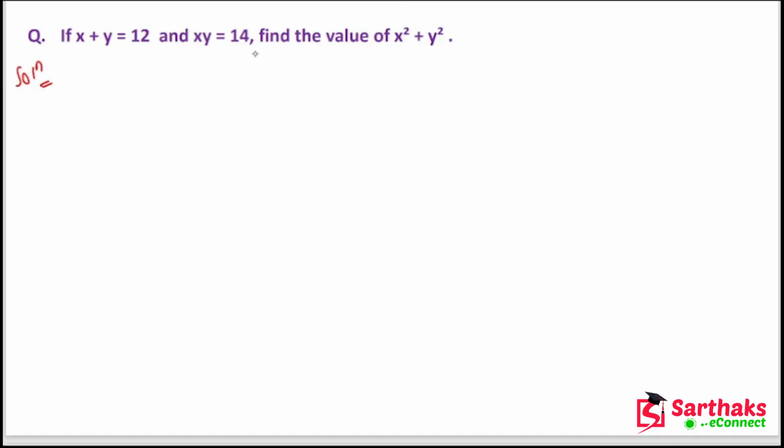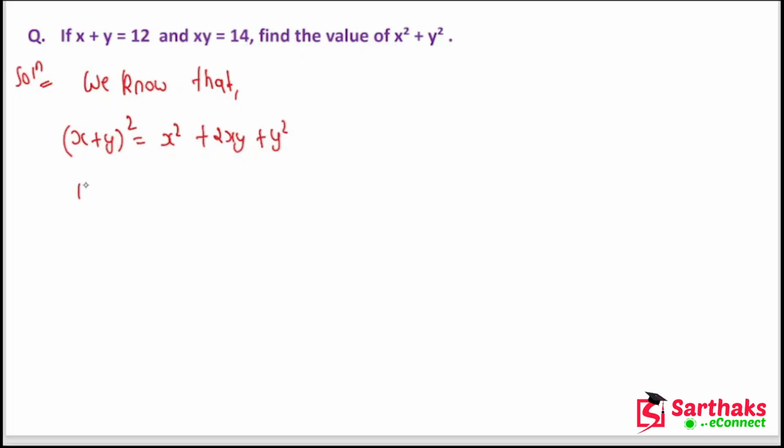We know that x plus y whole square is equals to x square plus 2xy plus y square, right? So I got an idea from this, and now you can put the values.